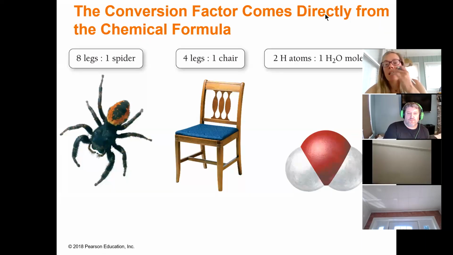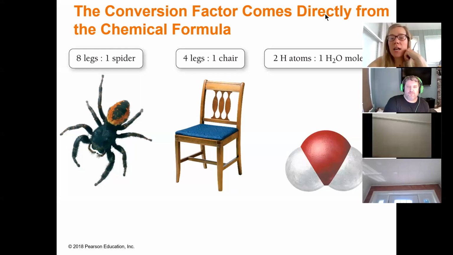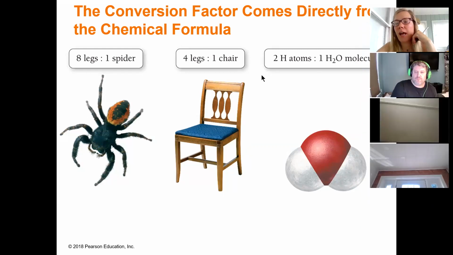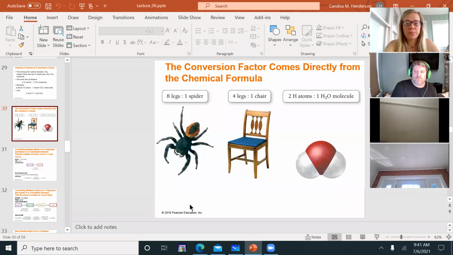So one spider can have 8 legs, one chair can have 4 legs, one water molecule has 2 hydrogen atoms. And we realized that this formula that we're looking at is a molar relationship. So it tells us how many moles of one thing we have to how many moles of another thing.